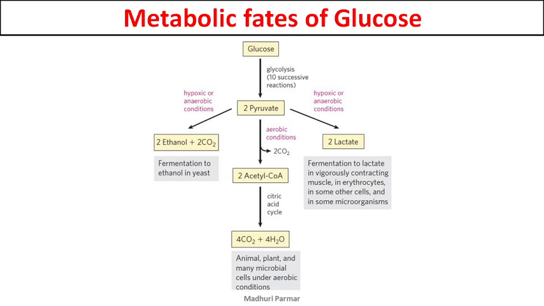After pyruvate, this can also be converted into ethanol in case of alcohol fermentation, or lactate in case of lactic acid fermentation. If not, then by aerobic respiration, this pyruvate will be converted into carbon dioxide and water, and you will get a lot of ATP. Clear? This is called aerobic respiration.